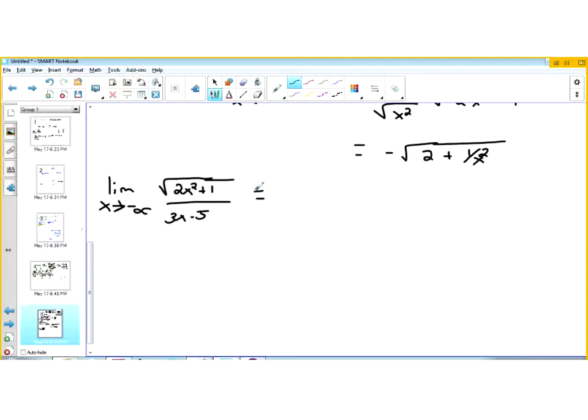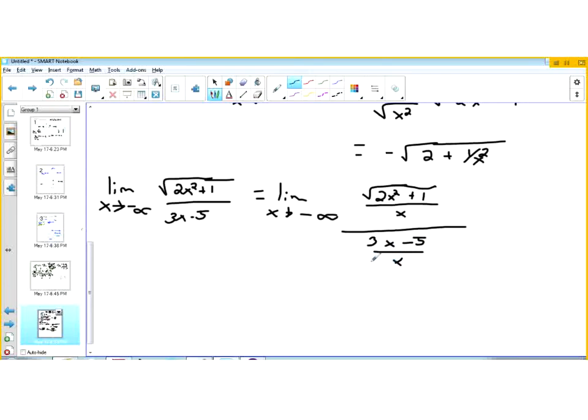Remember, I want to divide upstairs and downstairs by x so I can get the function transformed in terms of powers of 1 over x, so I can use the theorem. So that would be the limit as x approaches minus infinity of the square root of 2x squared plus 1, divided by x, over 3x minus 5 over x.